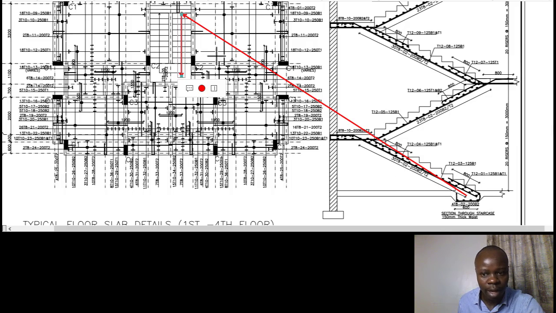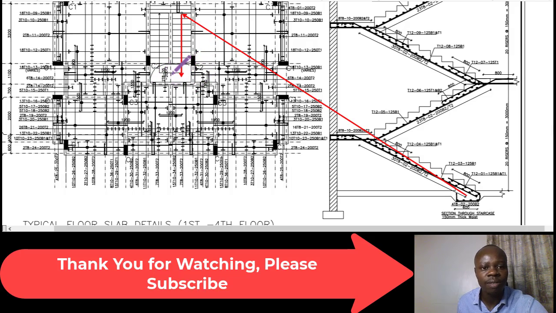That is what has been indicated there. And then you get to the landing. The path that I've circled is where we have the landing, and the landing is here.